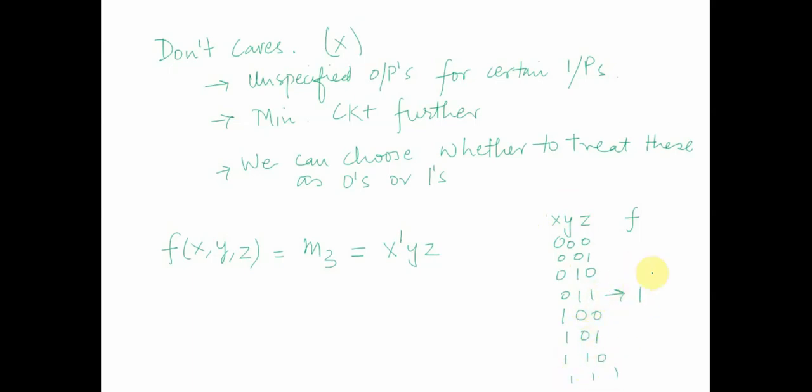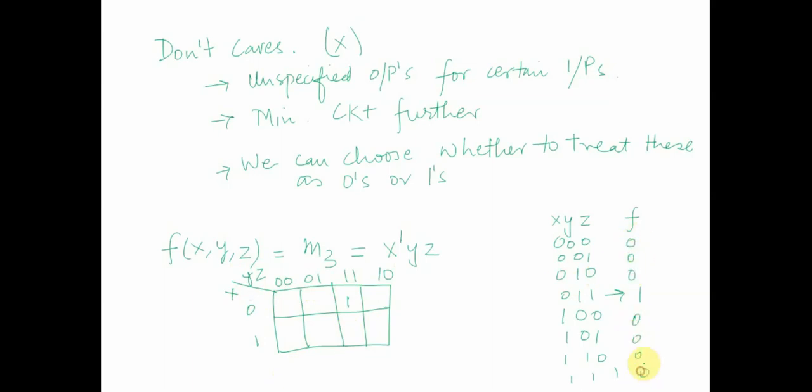Alright. And now let's assume that if we convert them into a K-map, this is what it would look like. Right. So m3 is nothing but this. But if someone tells me that instead of, okay, so this is 0, 0, 0, 0, 0, 0, 0.